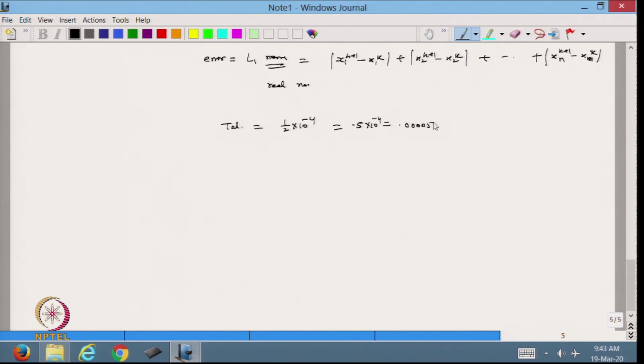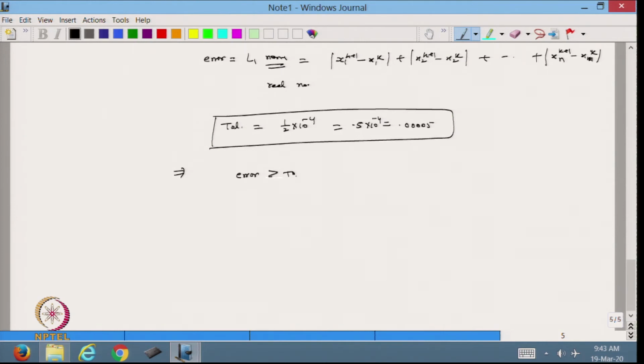So, that is my tolerance. Then I will find my error, and if the error is greater than the tolerance, then continue, and if the error becomes less than the tolerance, then we stop.